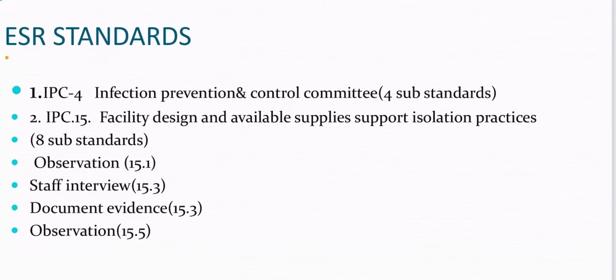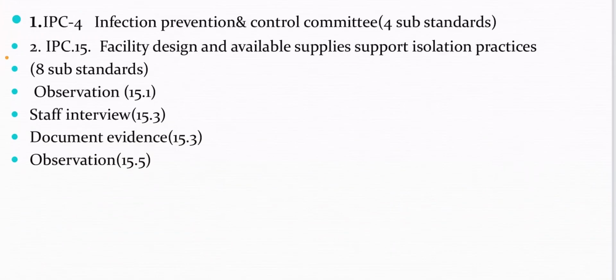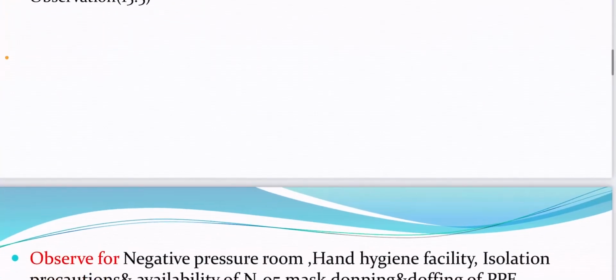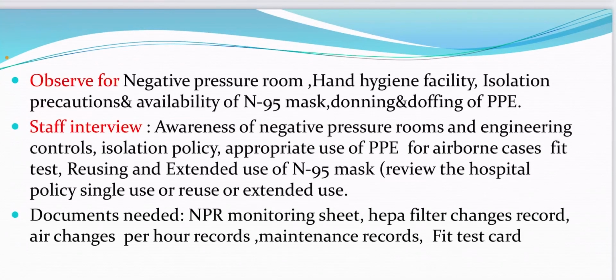How will they evaluate the standards? Are we met or not? By observation, staff interview, and document evidence. They will observe for negative pressure room, hand hygiene facility, isolation precautions and availability of N95 mask, donning and doffing of PPE.